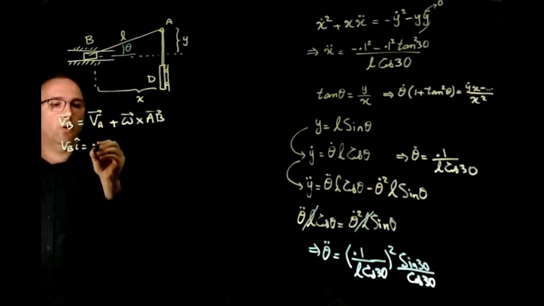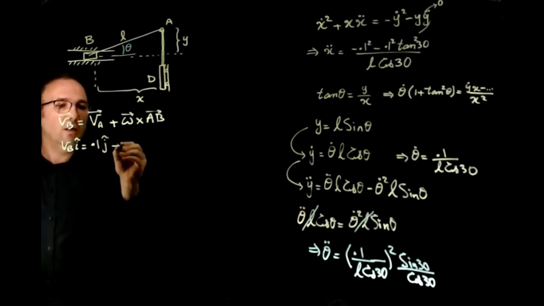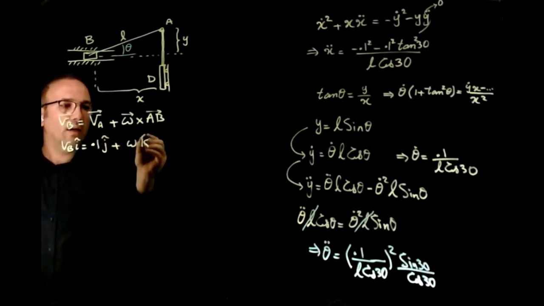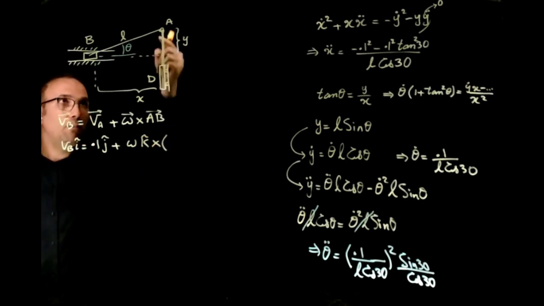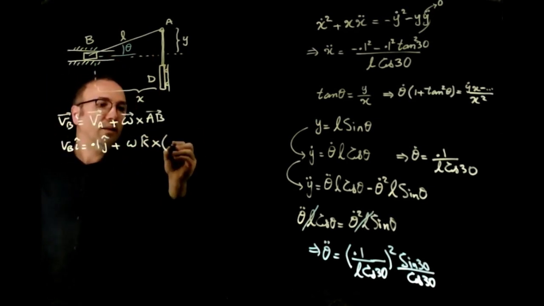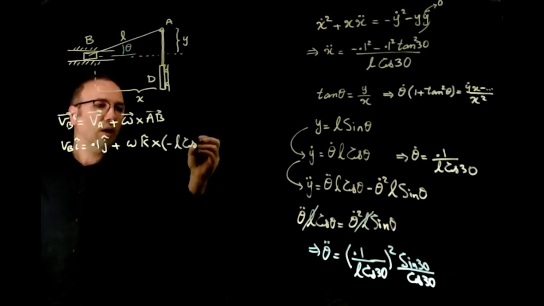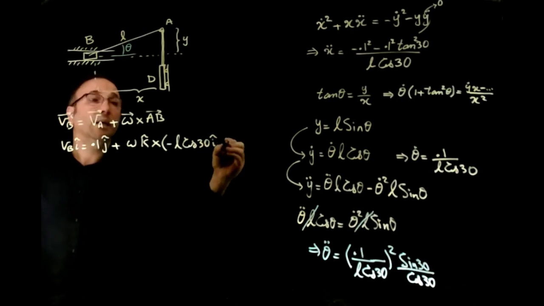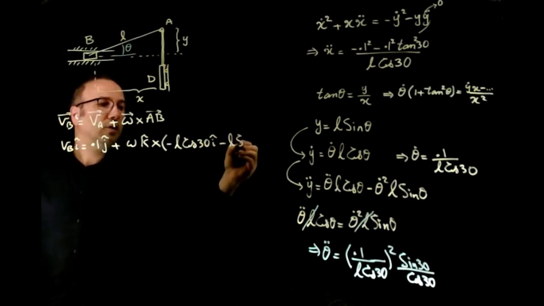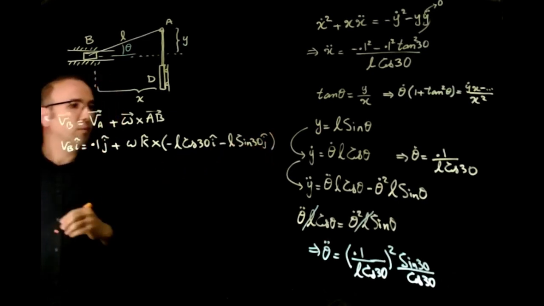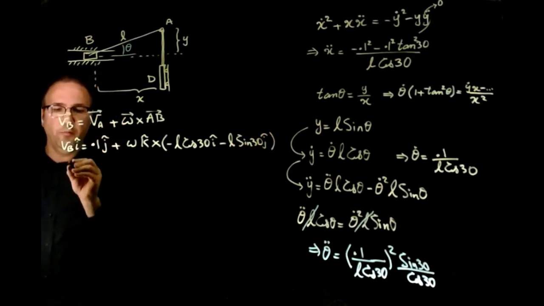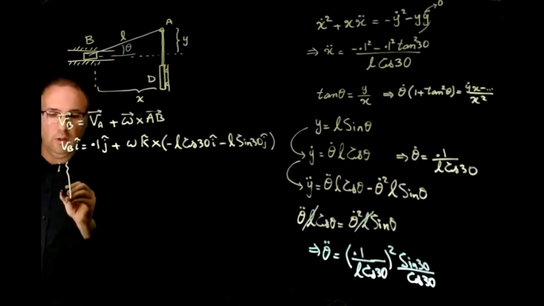VA equals to 0.1 J hat plus omega K hat cross AB, which is negative L cosine 30 I hat negative L sine 30 J hat. So I get two equations for I and J components.